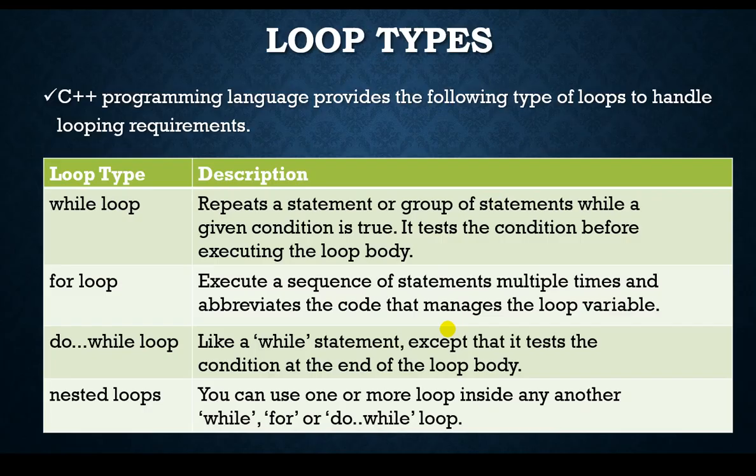To do this in C++, many loops are available for handling repetitive or iterative processes. We have the while loop, which repeats a statement or a group of statements while a given condition is true.